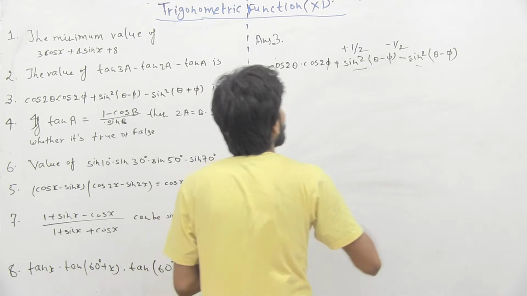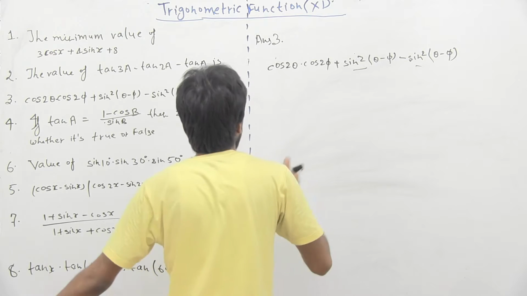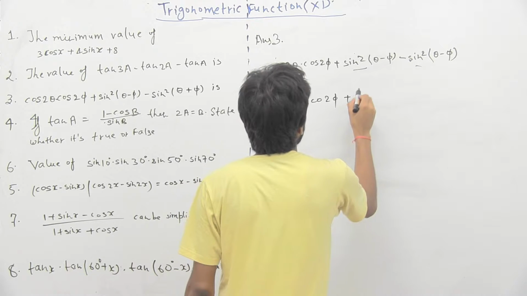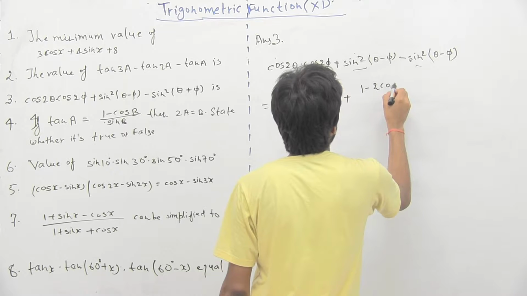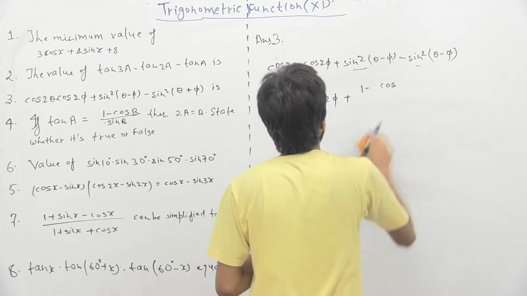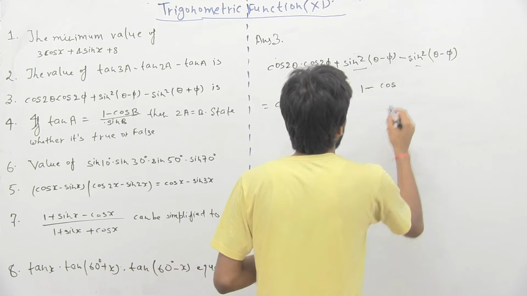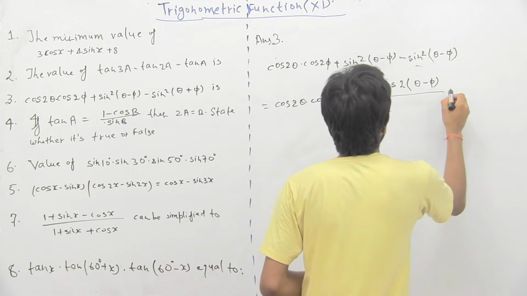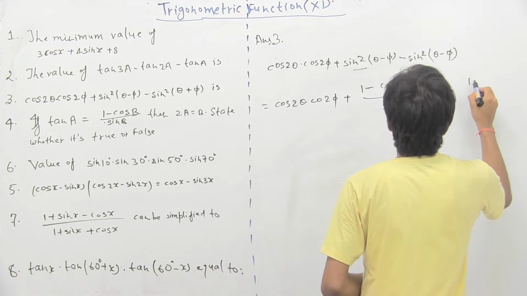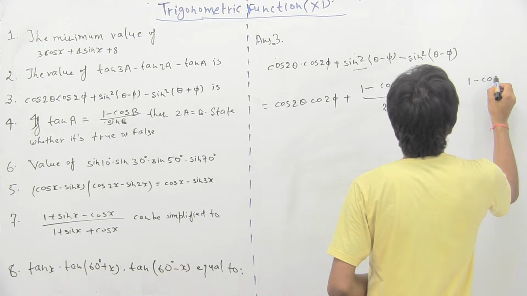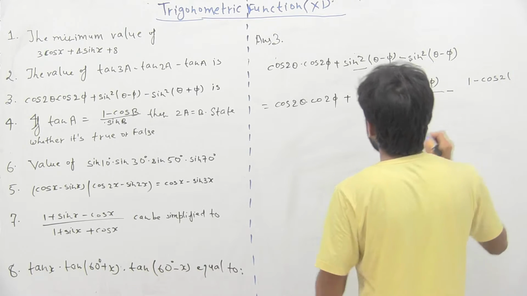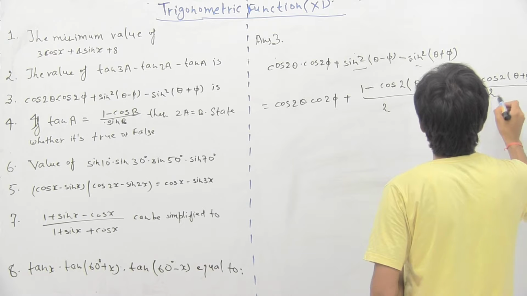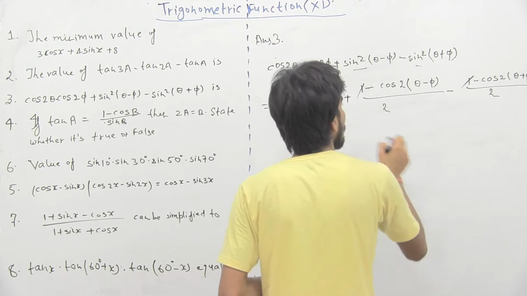We can write this as 1 minus cos 2 theta minus phi divided by 2, minus 1 minus cos 2 theta plus phi divided by 2, and here minus 1 by 2 and 1 by 2 will get cancelled.